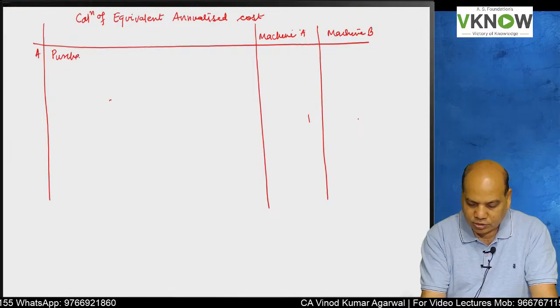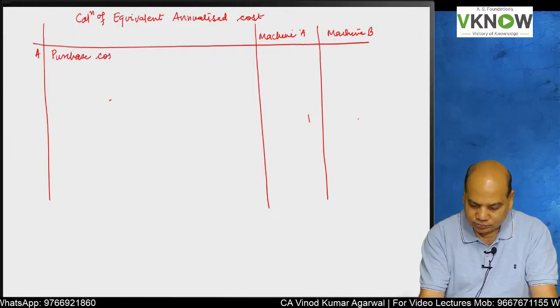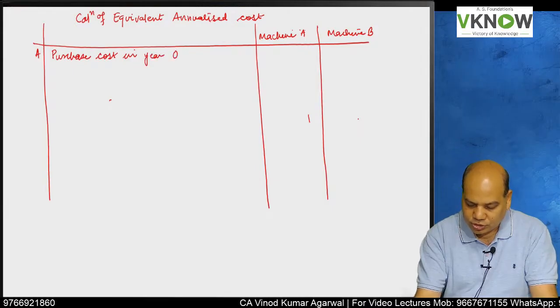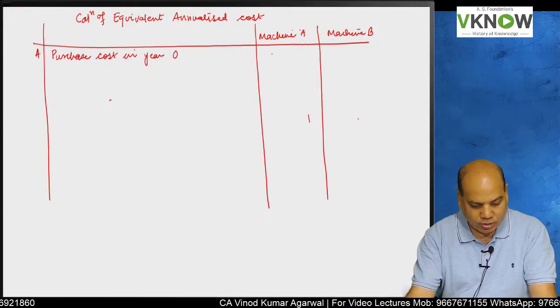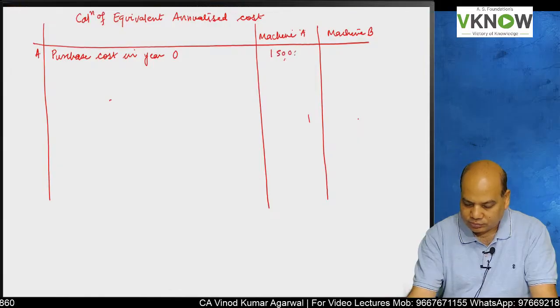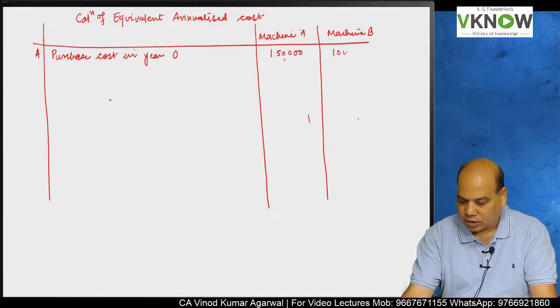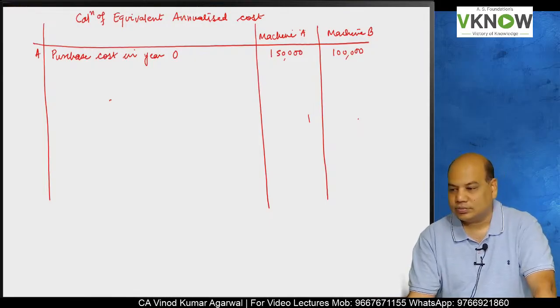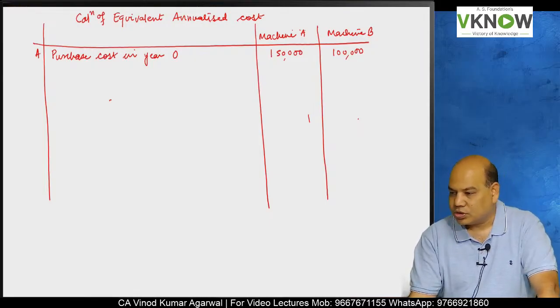What is the purchase cost in year 0? Purchase cost in year 0 is 1,50,000 and 1 lakh. In this question, our objective is cost minimization.